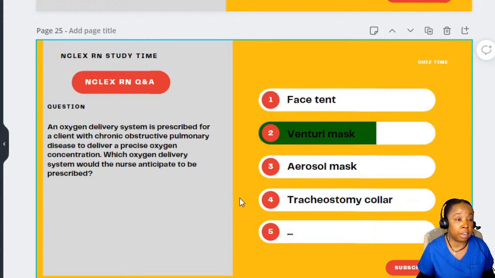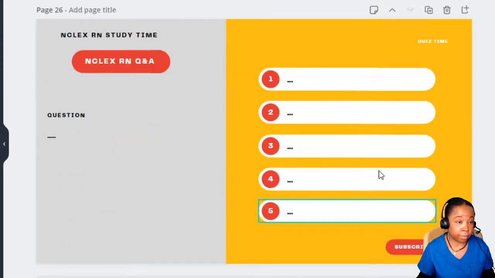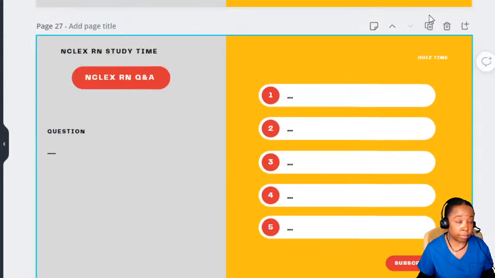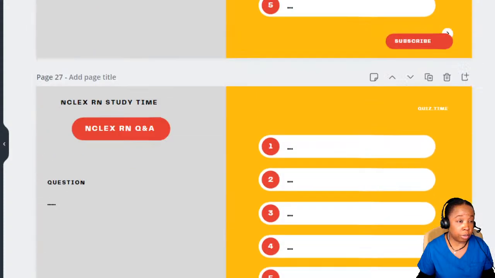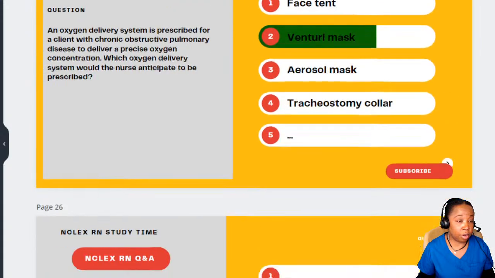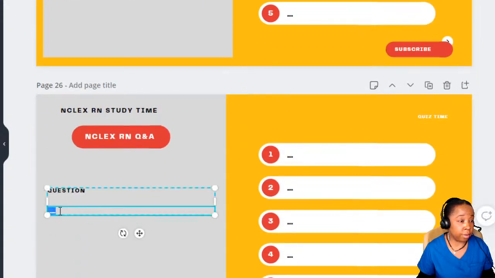For COPD, it's good to know about oxygenation because you will have questions about that. COPD is one of the subjects that is always going to be there. So we're going to move on to the next question.